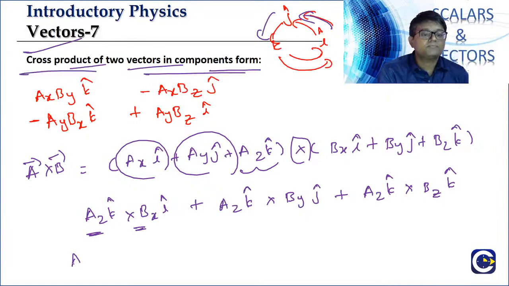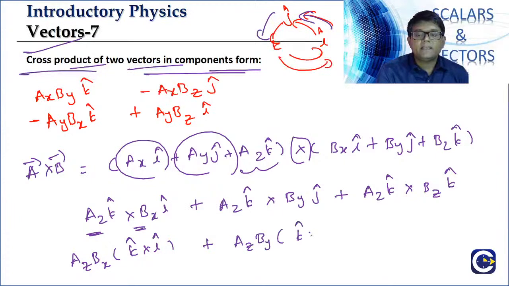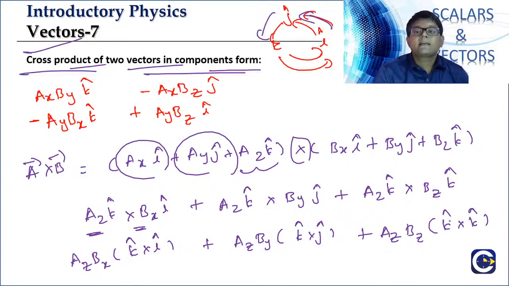Associative law, az bx k cross i, az by k cross j, az bz k cross k.